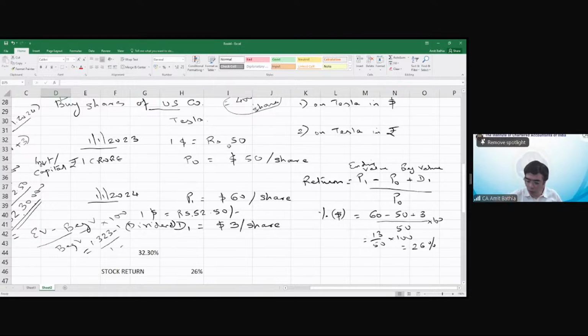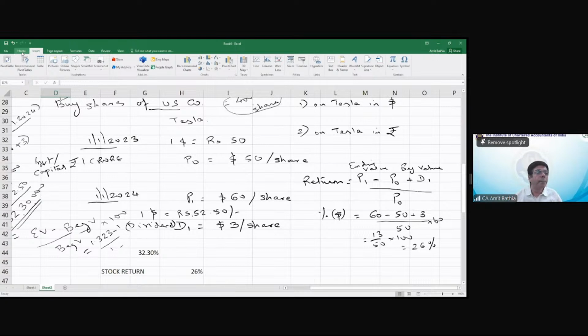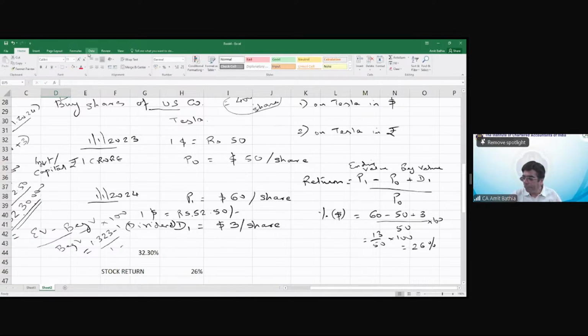This $1 equal to rupees 50 can be considered as the spot rate, because that is the rate at which you are going to convert your currency into another currency today, right? So that is spot rate.